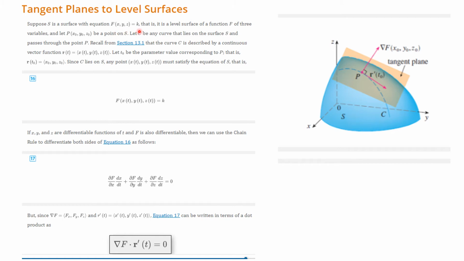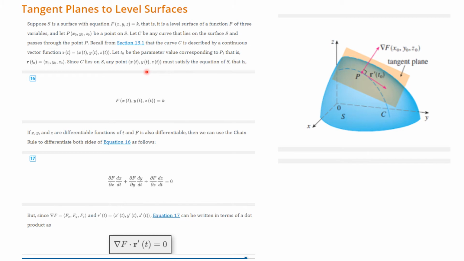This is a conceptual thing, but it is the level surface of this function of three variables, and we let P = (x0, y0, z0) be a point on S. Then any curve that lies on the surface and passes through P, assuming continuous first derivatives, is a vector function r(t) = ⟨x(t), y(t), z(t)⟩, and t0 is the parameter that corresponds to that point P.